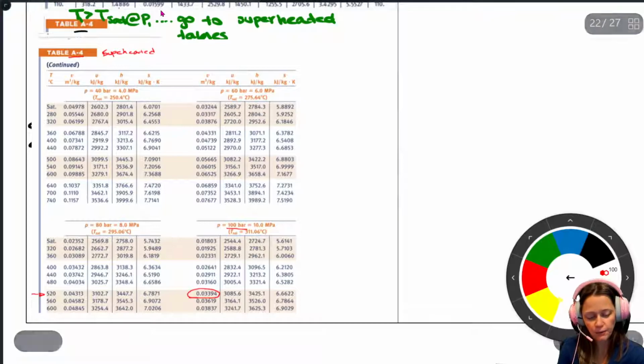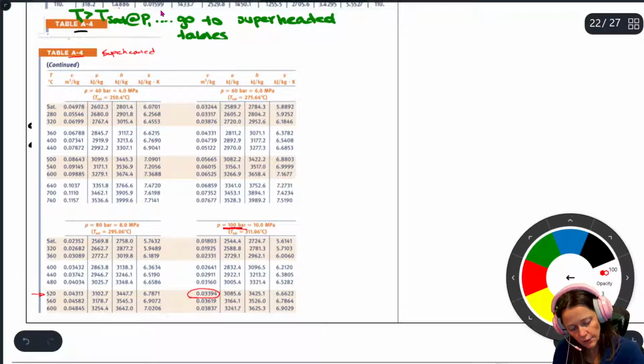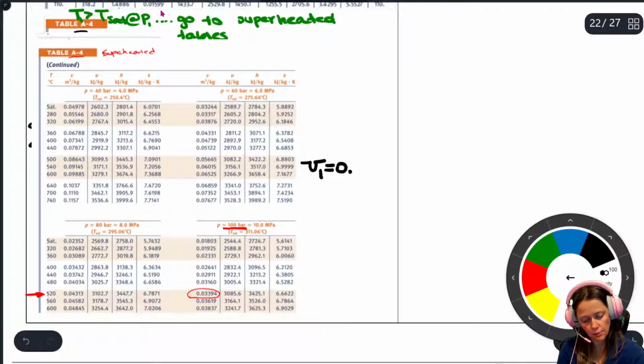So table A4, 100 bar, go to the temperature that you're interested in, and that's my specific volume. So my V1 is 0.0394 meters cubed per kilogram.